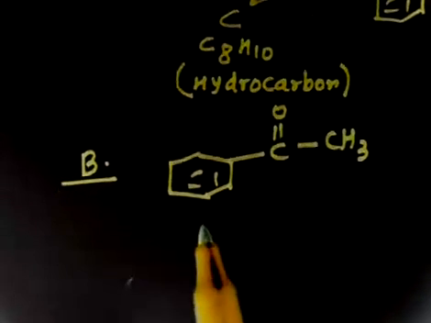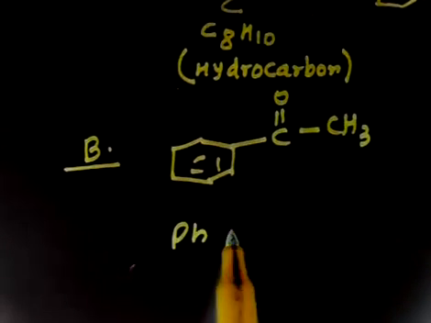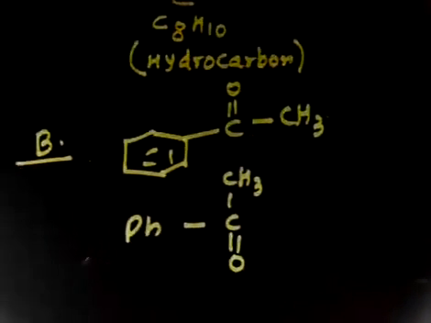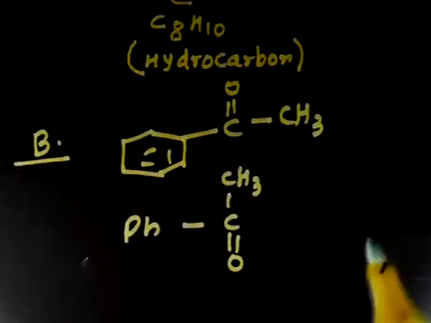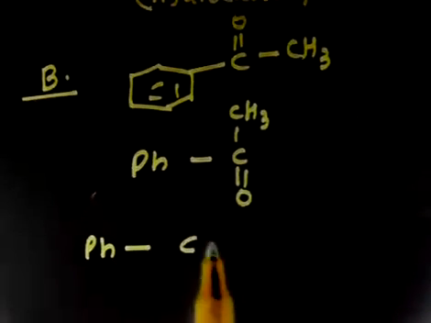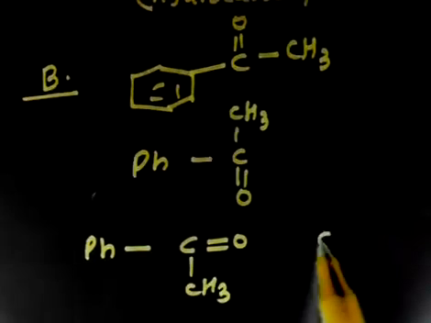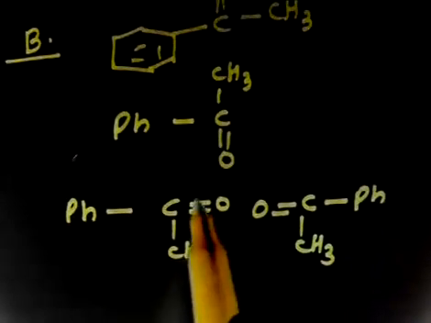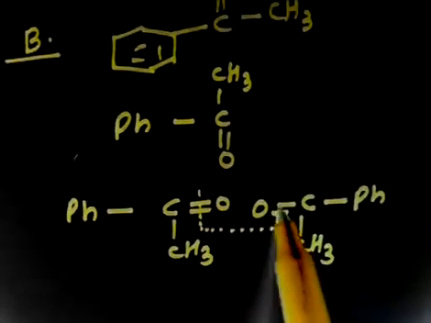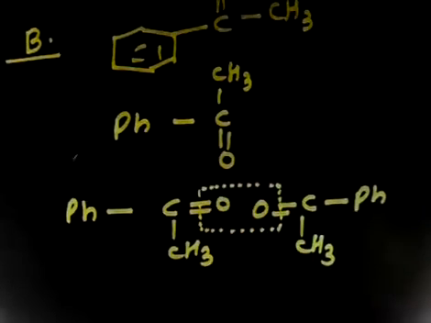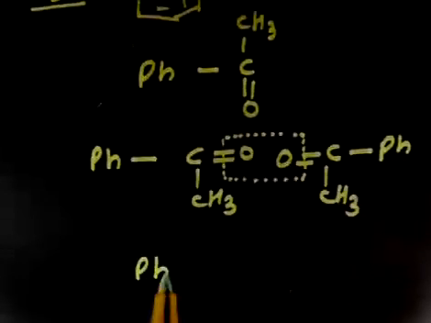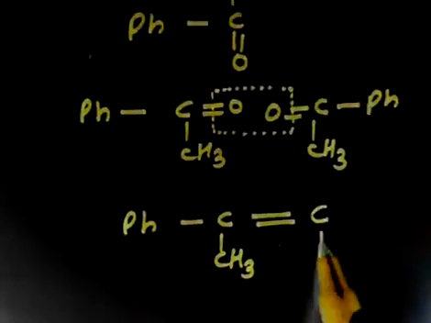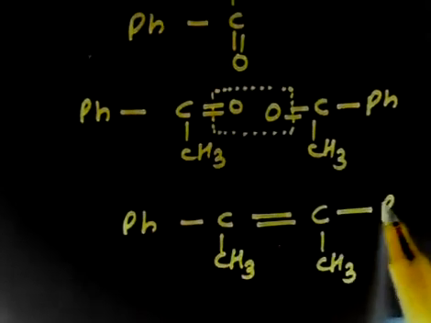Now if you take two molecules of the same compound, PhCOCH3 is one molecule, and I take another molecule, CH3COPh, and then if I couple them, I will get the final alkene A. So this is my B and this is my A, PhC(CH3)=C(CH3)Ph.